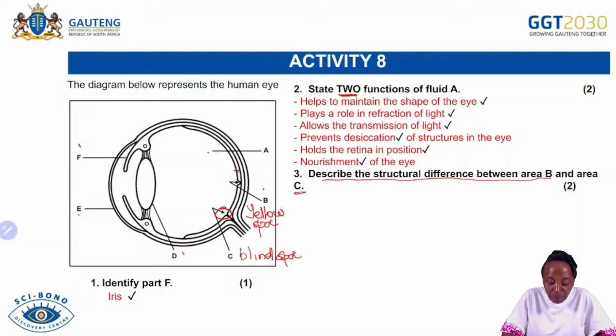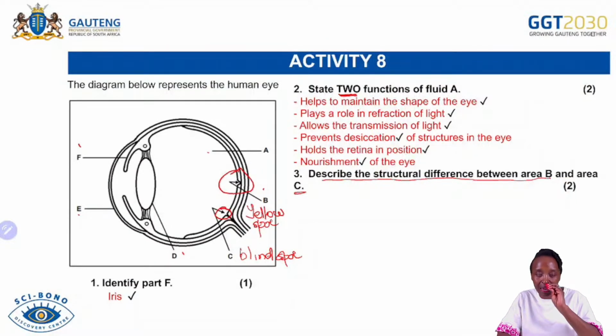Whereas in B, which is the yellow spot, that is where the clearest image in your eye is formed, because here it is filled with photoreceptors, mainly only the cones. So the question says the structural difference. We are not asked about the function. So structurally, how do these two differ?